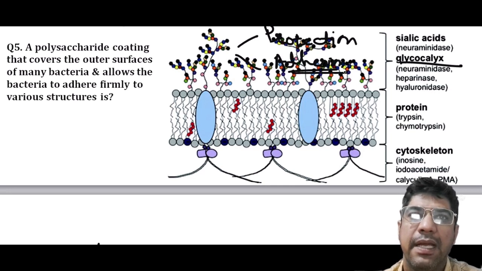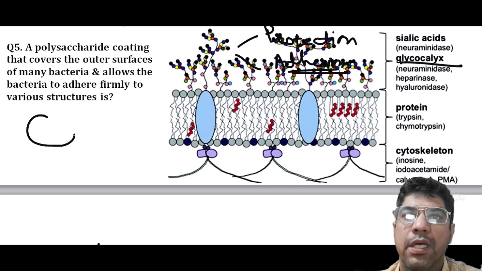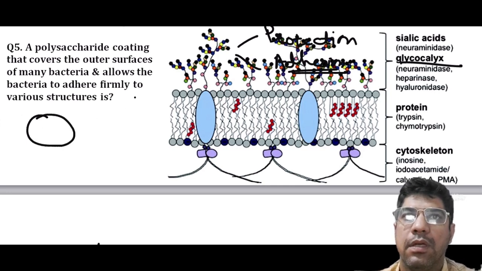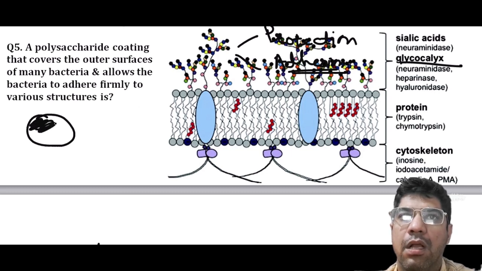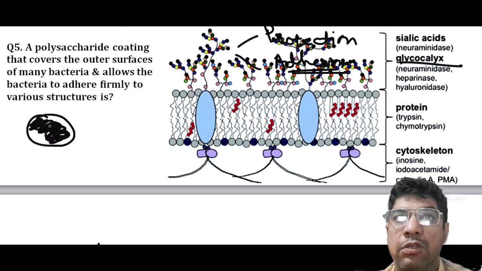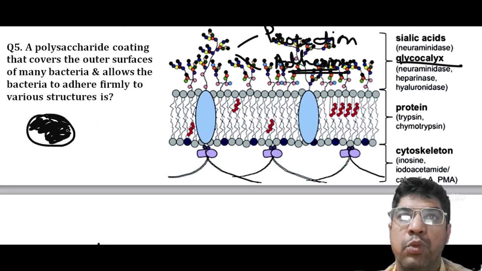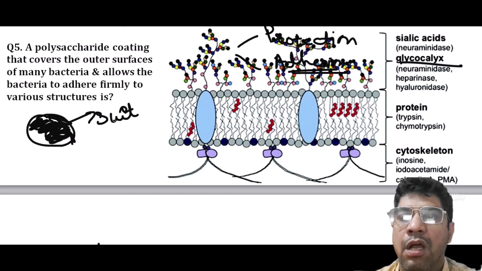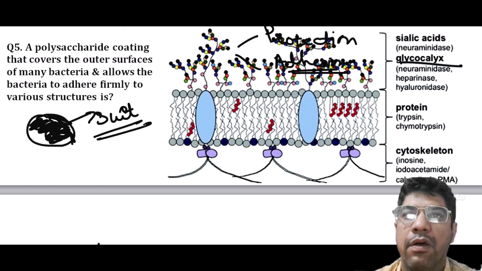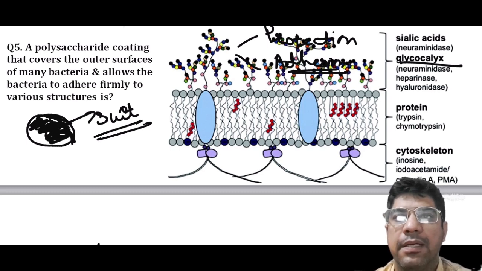Protection: it will act as a protective coat around the bacteria. Suppose Superman has a super suit. The glycocalyx acts as a suit that shields the bacteria from the threats in the environment.